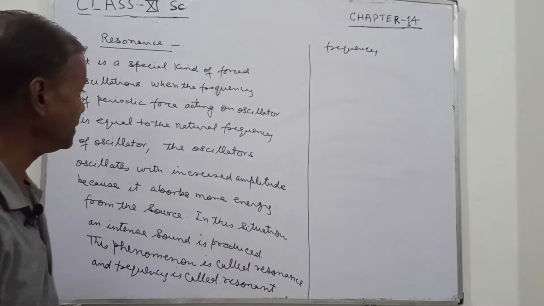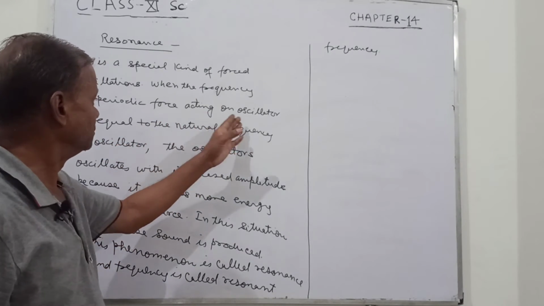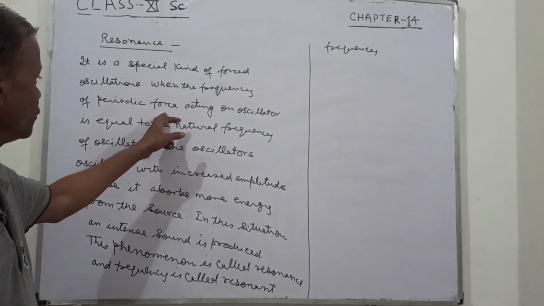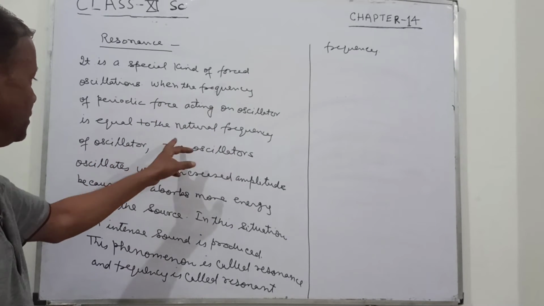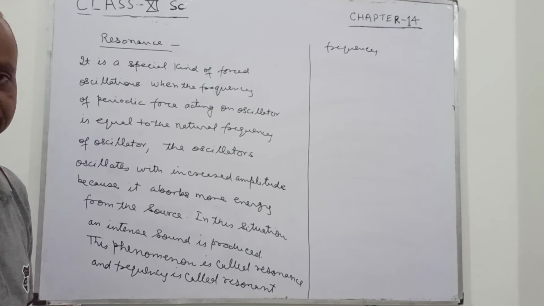So it is necessary that the frequency of the periodic force acting on the oscillator is equal to the natural frequency, either equal or a multiple of it.